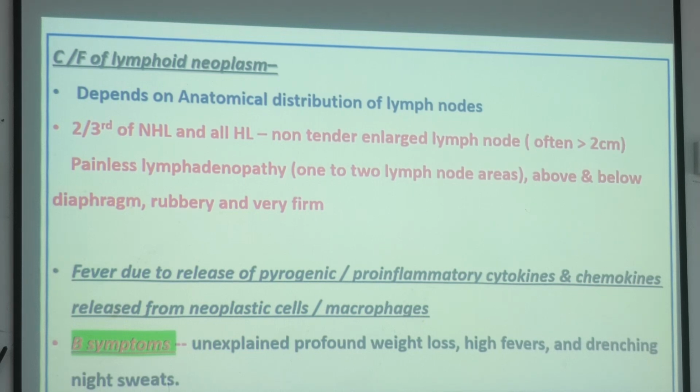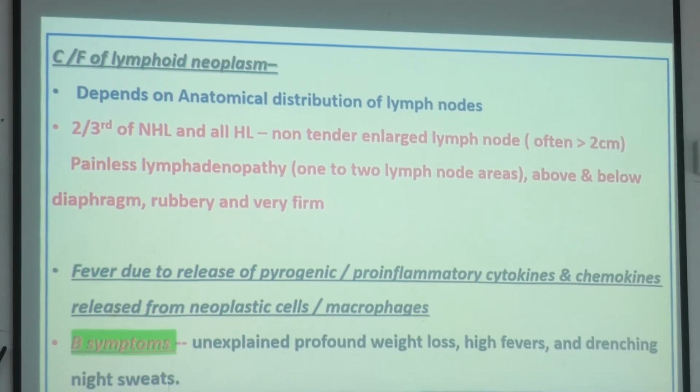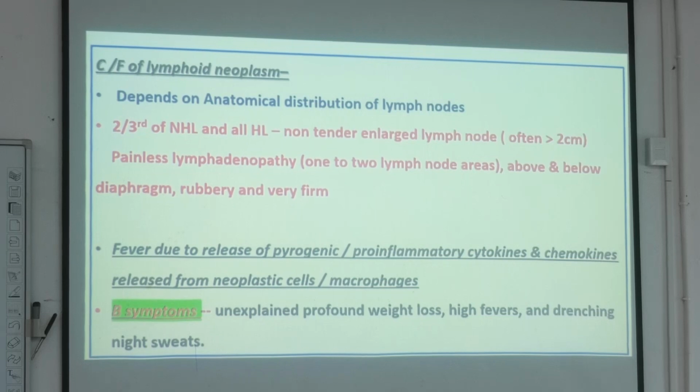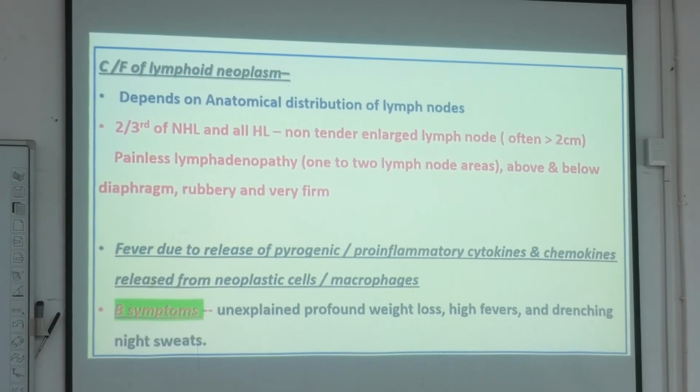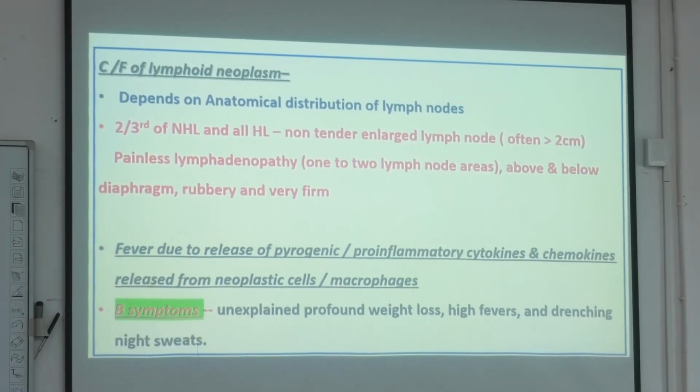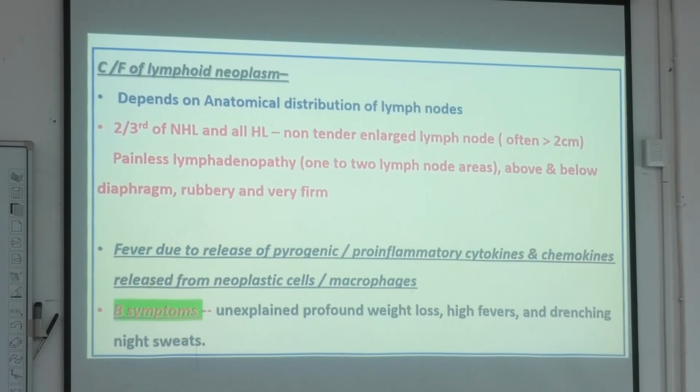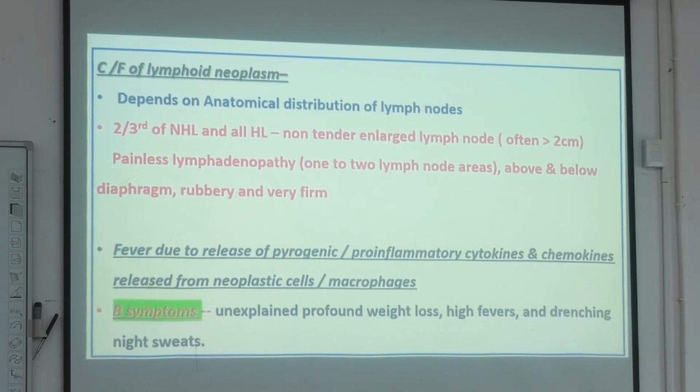So now, lymphoid neoplasm, what is the clinical feature? Clinical features depend upon the lymph node involved. According to the location of the lymph node, clinical features are present. So patients have enlarged lymph nodes more than 2 cm in diameter, maybe single, maybe multiple, maybe matted.